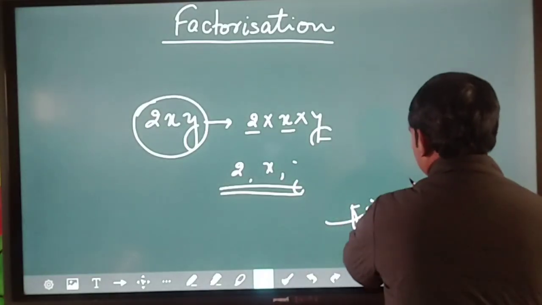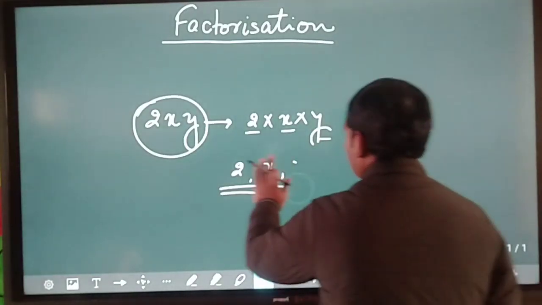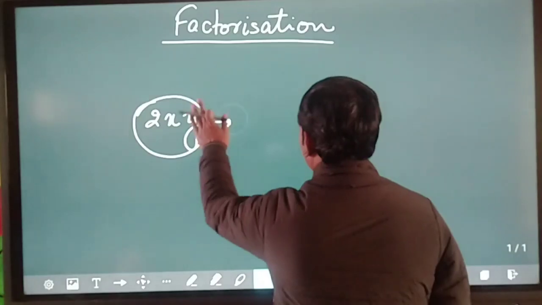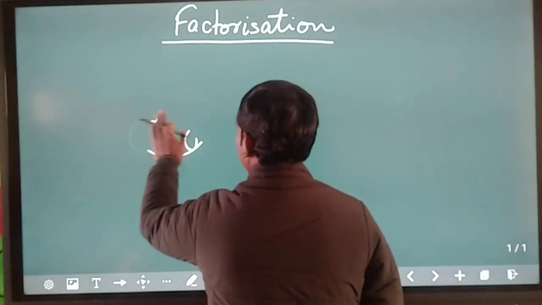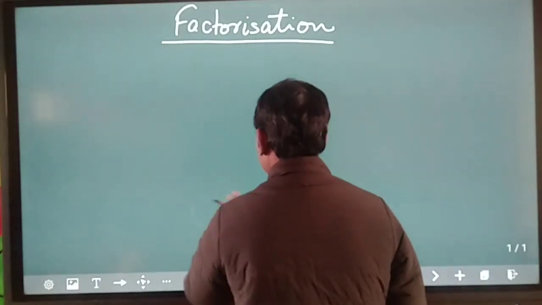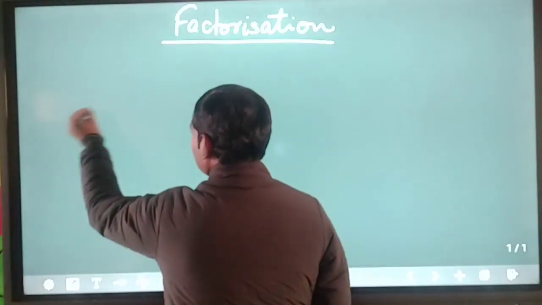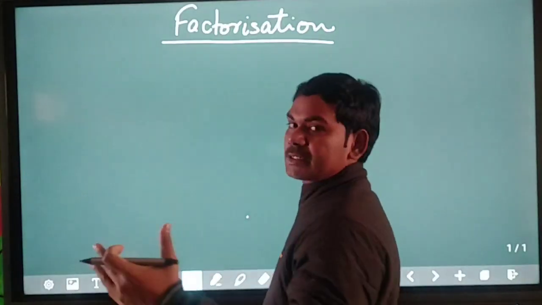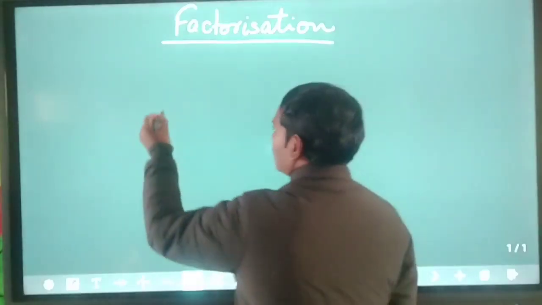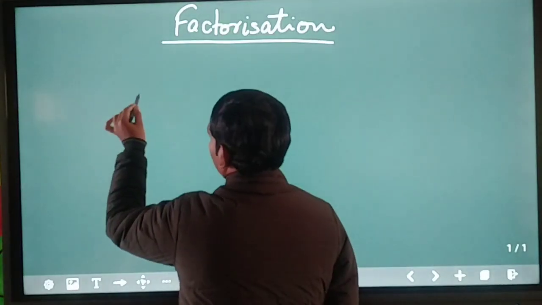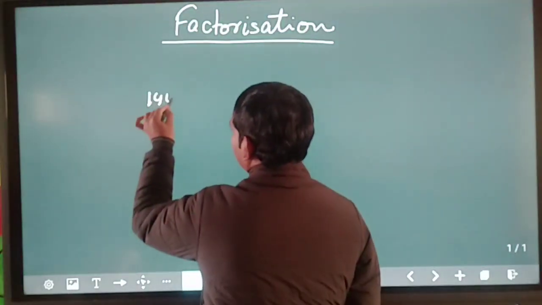Now let's see another concept of factorization. In arithmetic, sometimes we factorize a quantity like 144.